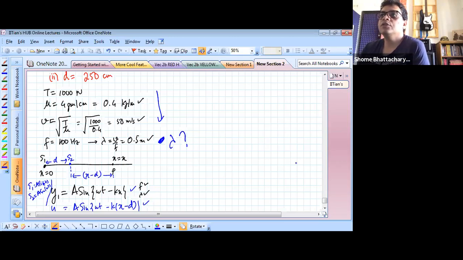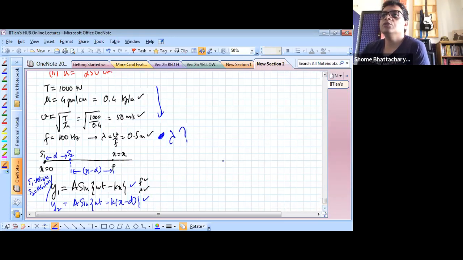Now you come back to your diagram and you understand what is happening. These two sources, S1 and S2, are oscillating in sync. They are not oscillating with some phase difference. They are oscillating simultaneously in sync. But at a point like this, the wave from this one is traveling a longer distance, and the wave from this one is traveling a shorter distance. So they are not coming to this point in sync. The two sources S1 and S2 are in sync, but they are coming to the point P through a different equation: omega t minus kx for this, omega t minus k of a smaller distance for this.